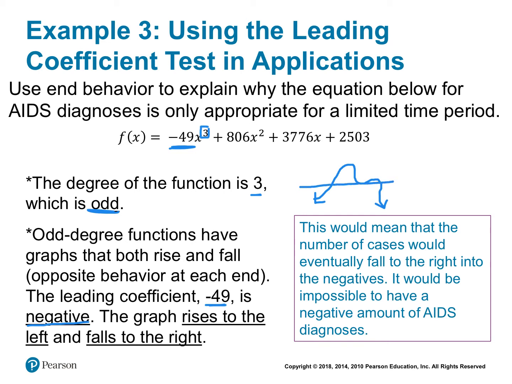So eventually, if I had my x and y axis, it's going to fall into the negatives. It's going to be impossible to have a negative amount of AIDS cases, so that's why we would have to stop somewhere before we got to the negative. So you'd have to figure out the amount of time and when that would be, and then from then on, the graph doesn't apply anymore.